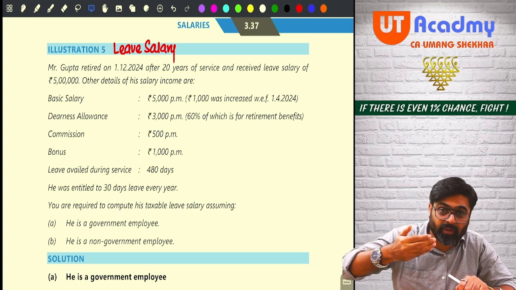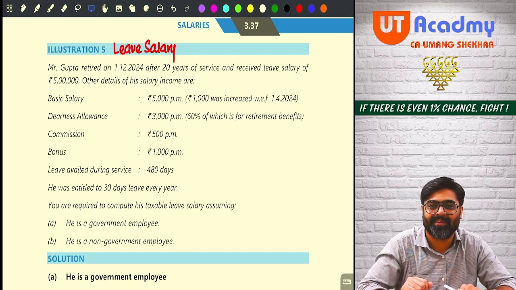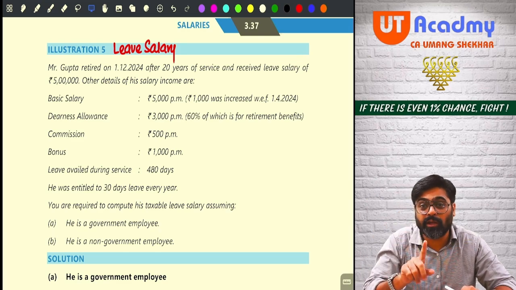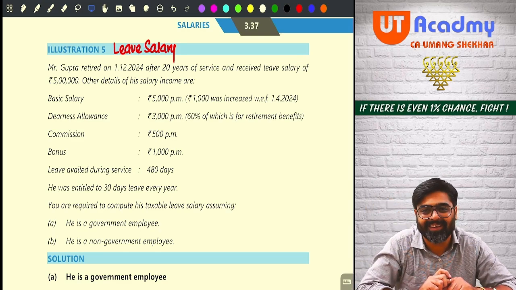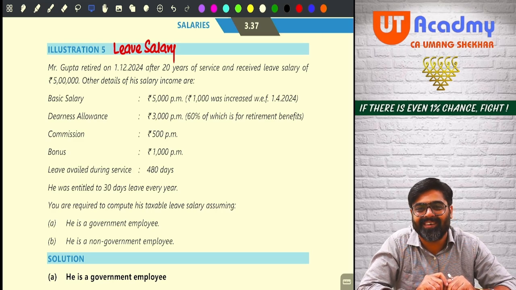After increasing 1,000 in April, it became 5,000, which he is receiving right now. So prior to April, his basic was not 5,000, it was 4,000 only. This was the only catch.